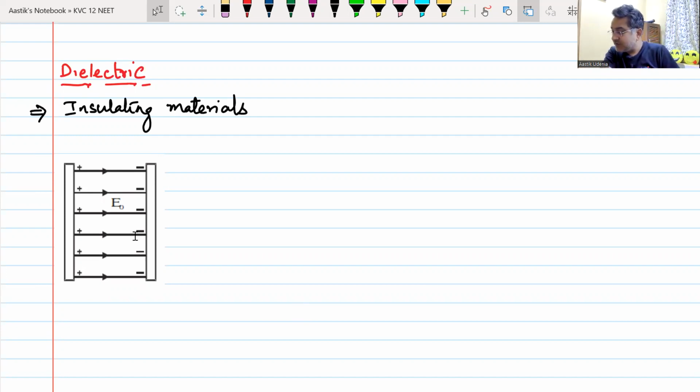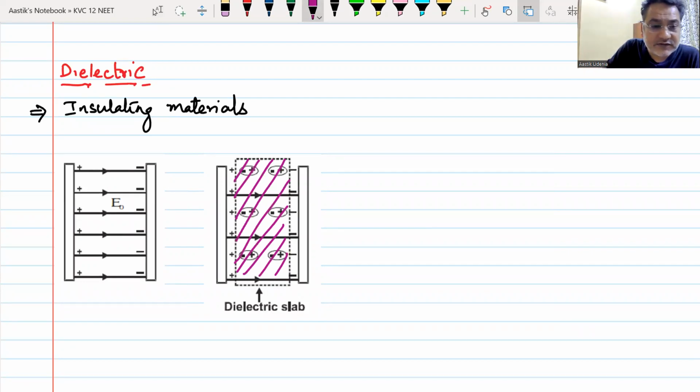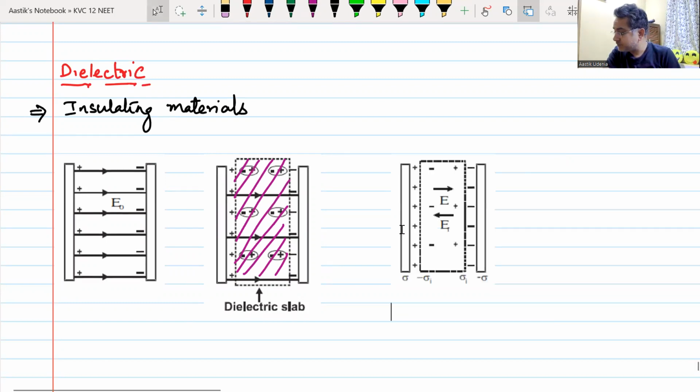As you can see, this one is a dielectric. Now because of this dielectric, what happens? There are charges which are introduced on the dielectric.